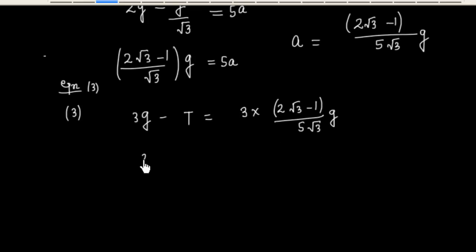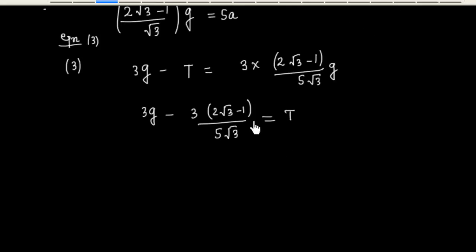Now so from here we can calculate 3z minus this sign, this comes this side, so 2 root 3 minus 1 5 root 3 is equals to t, and this multiplied by z also.